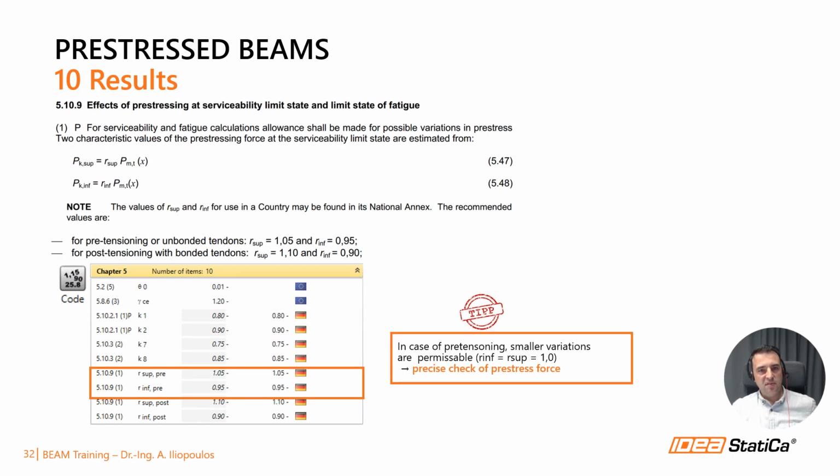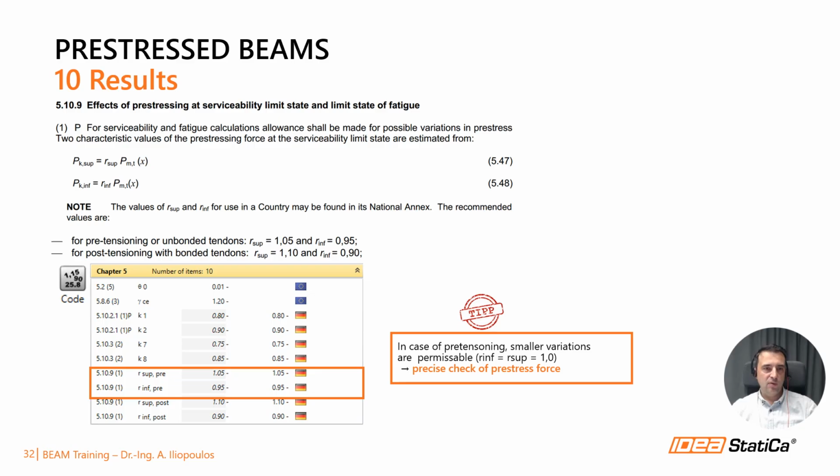For the prestressing force, a certain degree of variations has to be taken into account. Those are the coefficients R sup and R inf. They cover the uncertainties in the prestressing force resulting from the uncertain prediction of friction and time-dependent losses and so on.